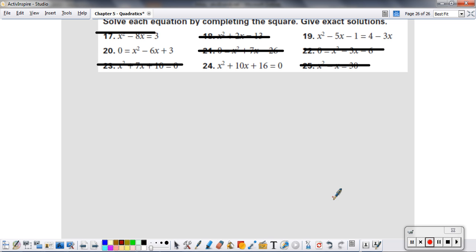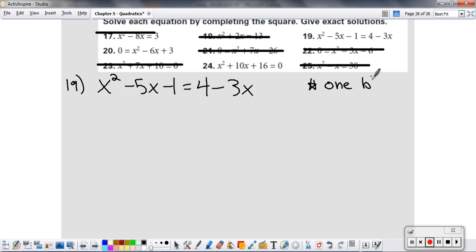Now let's take a look at number 19 as my first example. Number 19 I like to use because it looks different. I have x squared minus 5x minus 1 equals 4 minus 3x. Now recall that you can only have one b term.